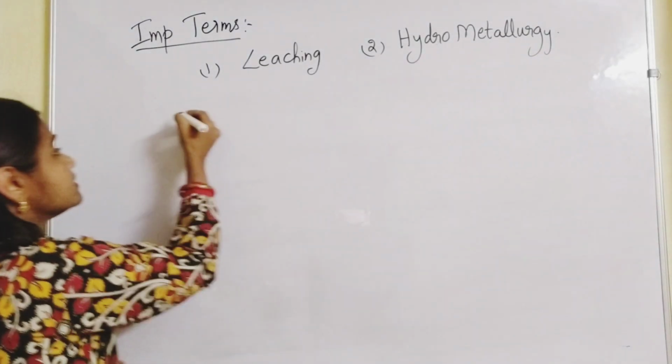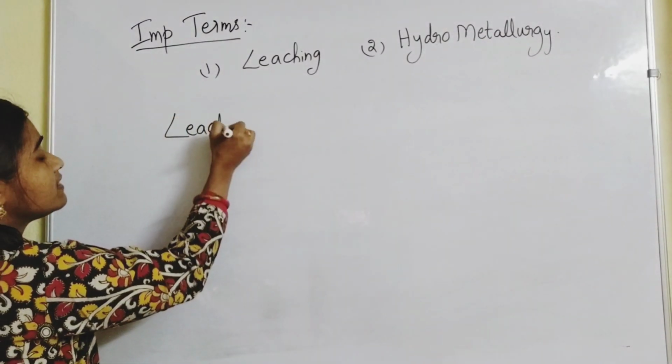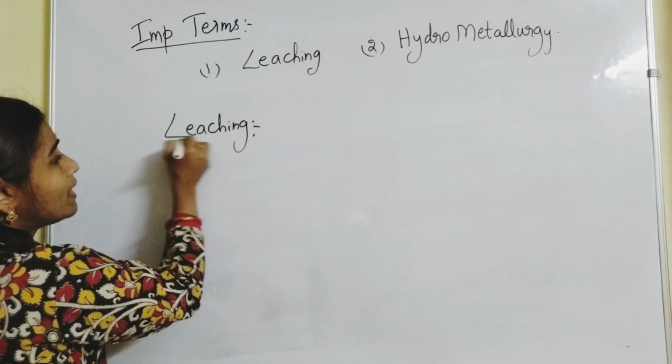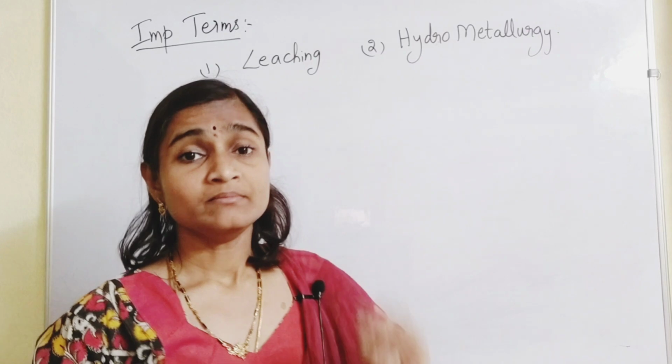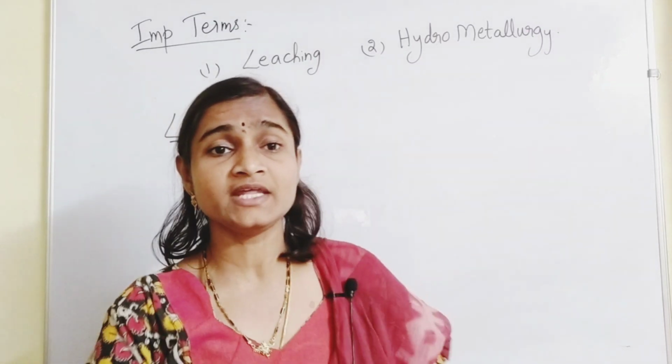Okay. So, leaching is the method in which the powdered ore of what metals? Metals which are at the bottom of the reactivity series.